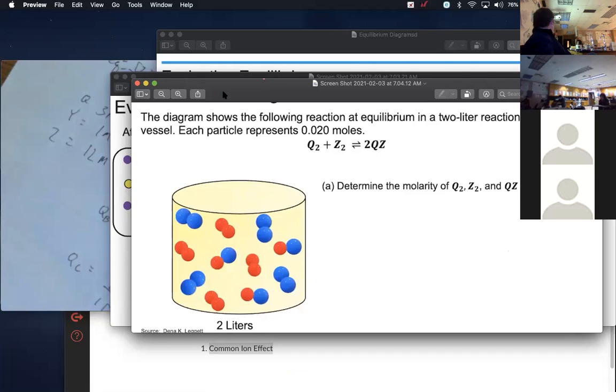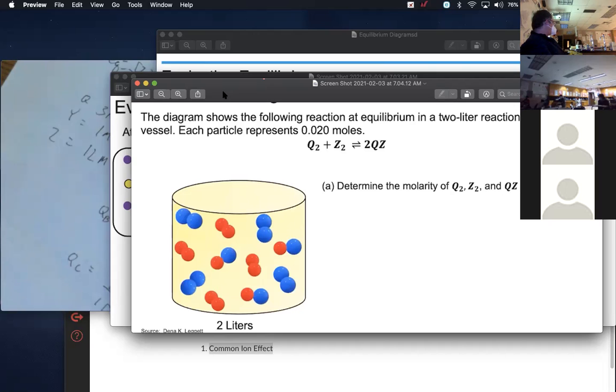All right, so if we take a look here, this is another one of those things that's silly. Reading through there, what makes this different from the first problem we did? Each particle here represents 0.020 moles. What else did they do that's really tricky?